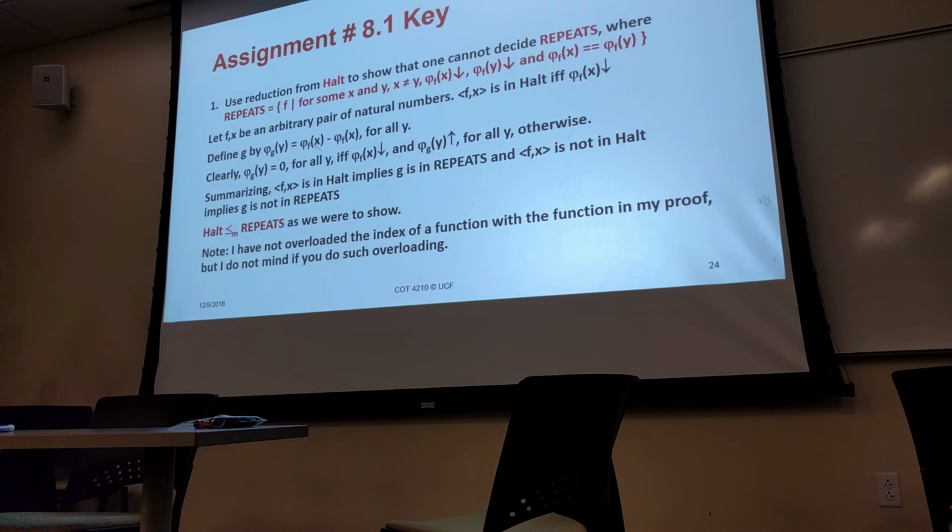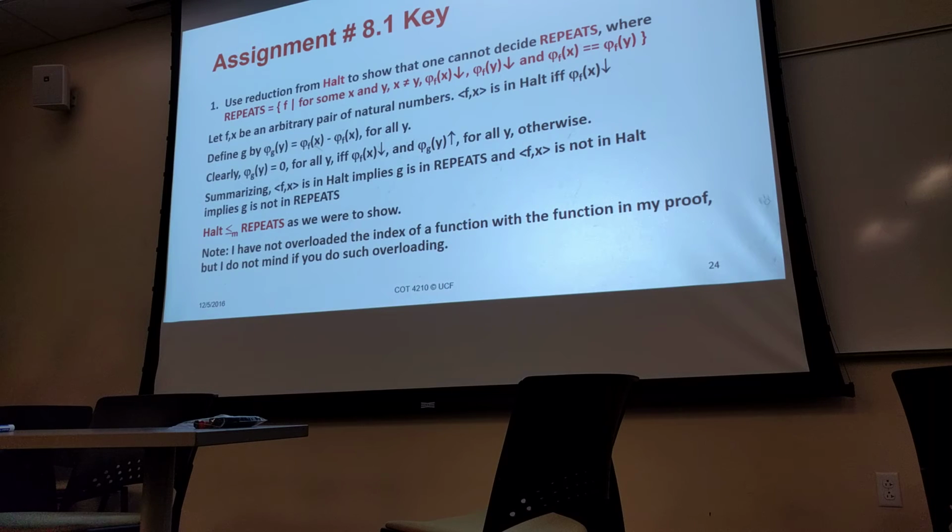So that's all it amounts to. So what I do is I say, I'm starting with halt, so I'm given an f and I'm given an x, and I know it's in halt if f of x converges. So all I do is compute f of x minus f of x, and I do that for all y in my new function. My new function will not only repeat, it will repeat constantly if f converges on x.